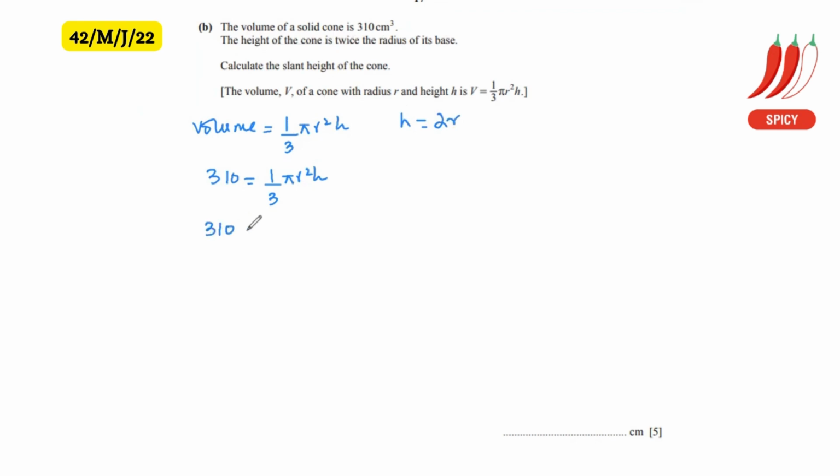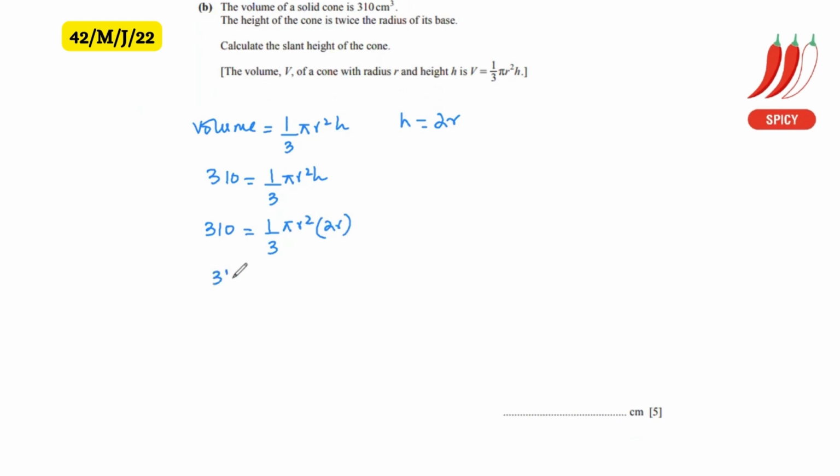So if we replace height with 2r, that's r squared times 2r over here. So that's going to be 310 equals 1 over 3 pi 2r cubed. So 310 times 3 divided by 2 pi equals r cubed.